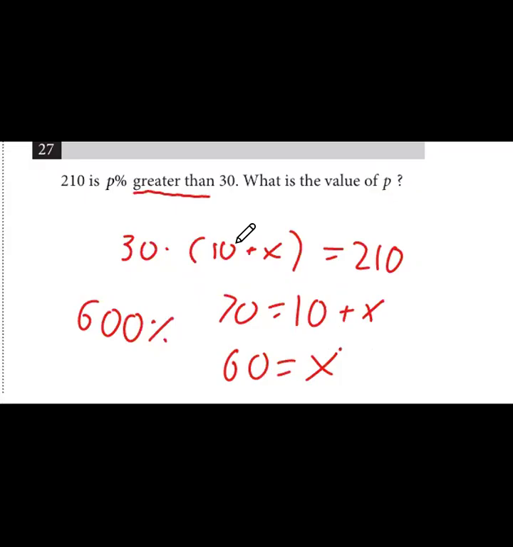So realistically, this is 100% plus x, but I divided by 10, so it's easier to work with. The correct answer is 600%. Or when you enter it on the SAT, you just put 600 because you can't put percent on there.